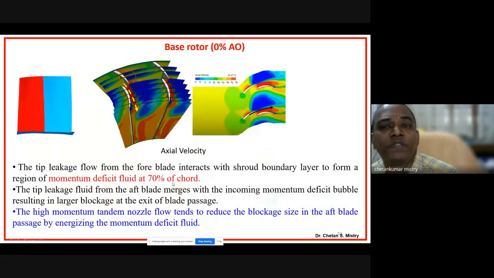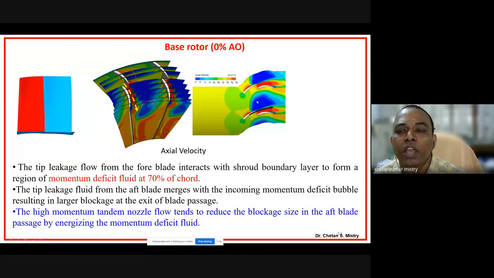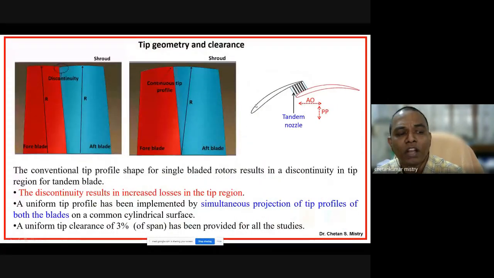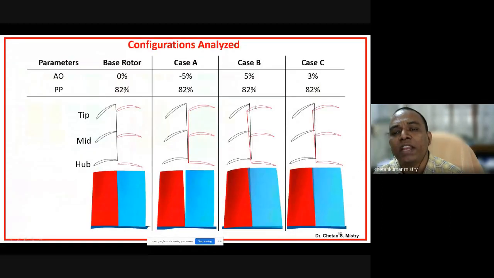Now this is with 0 axial overlap. You can see the trailing edge of my fore rotor and my aft rotor, if you look here, is at 0. If you try to understand what is happening in this particular region for my 4-blade configuration, I maintain the color code in that sense only.